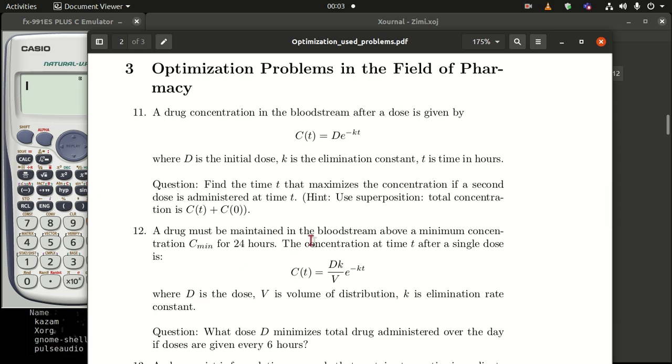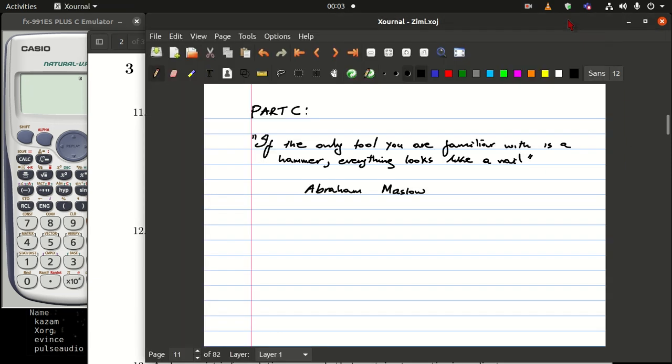The second reason is that most of the time, when you are dealing with optimization problems, you always tend to think that every time you have to take a derivative, and then after taking the derivative, set it equal to 0, and then continue to do all those things. If you still remember what Abraham Maslow once said, if the only tool you are familiar with is a hammer, everything starts to look like a nail.